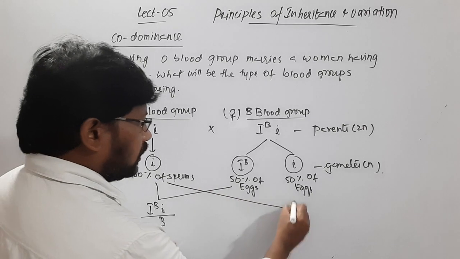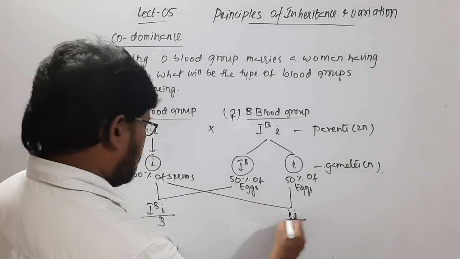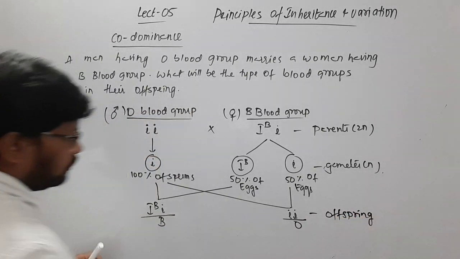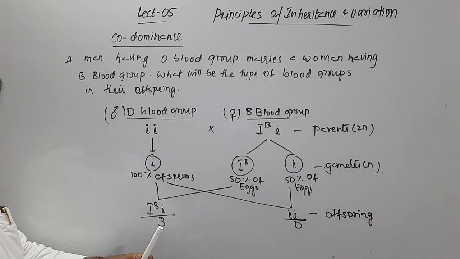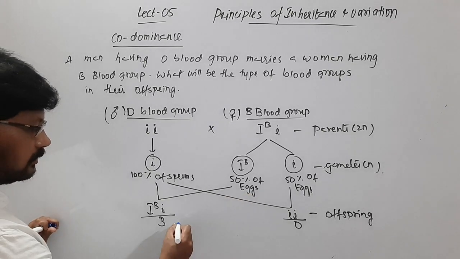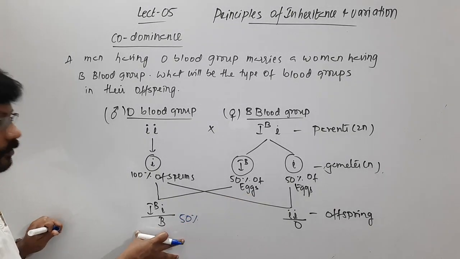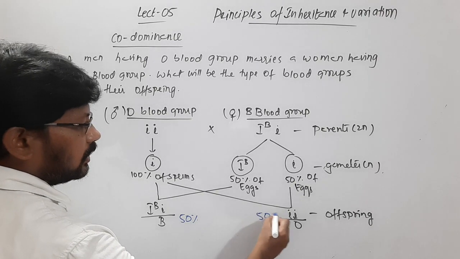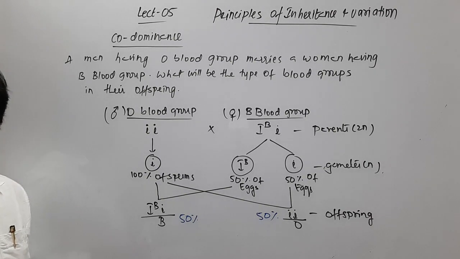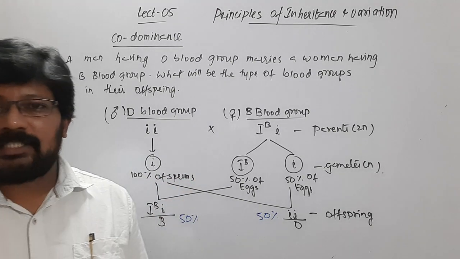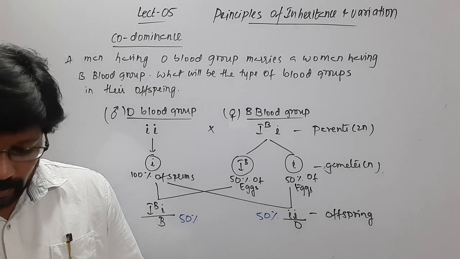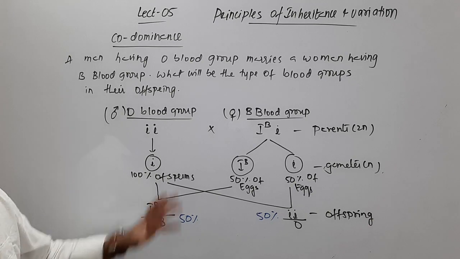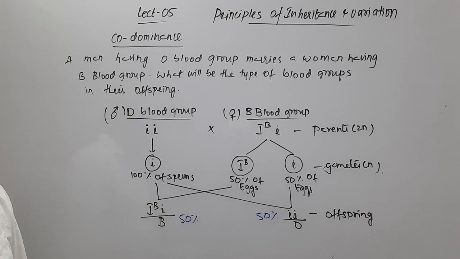And if this one and this one come together, small i small i, it is O blood group, right? So here it indicates that there is a 50-50 chance. So 50% of their offspring will have B blood group, and 50% will have O, if the mother is heterozygous. So that's about inheritance of blood groups in human beings. I hope it's clear, right?